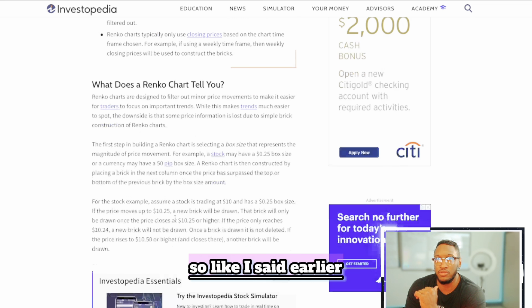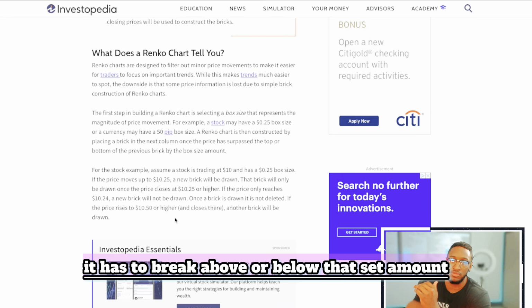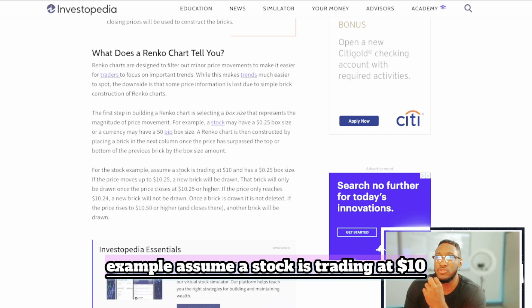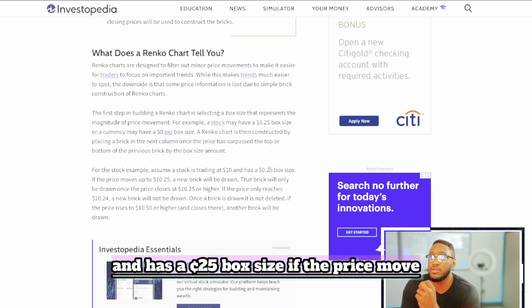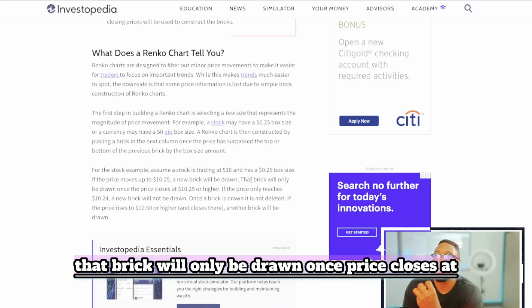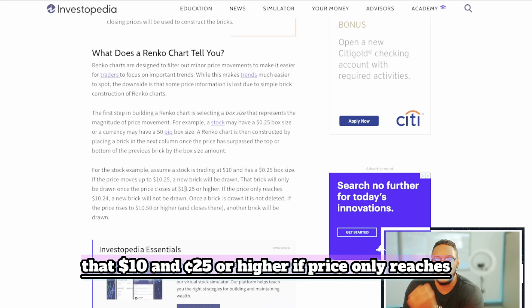So like I said earlier, it has to break above or below that set amount in order for a new brick to be formed.